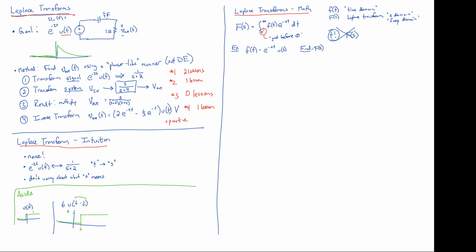When I was an undergraduate, I was really curious about what this S meant. And I know I already told you, don't worry about it, don't think about it. If you're really curious, S is actually not even a real variable. S is a complex variable, and it's got imaginary parts and real parts. And so it transforms this function that is a one-dimensional line in two-dimensional space into f of s, which now exists along the complex plane.